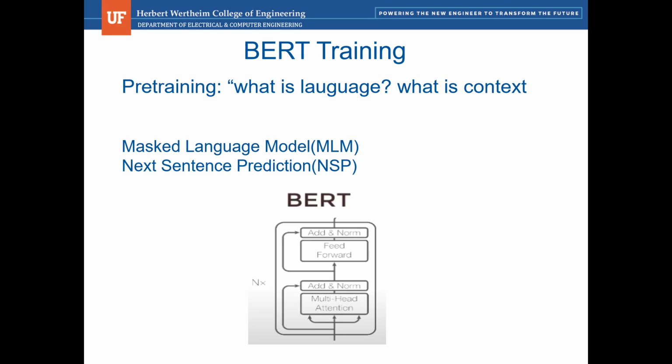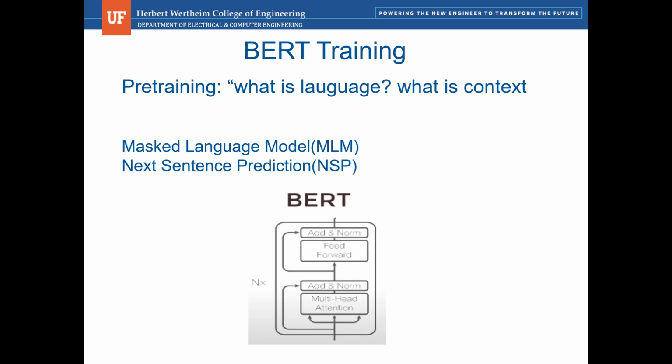Okay, so BERT learns language by training on two unsupervised tasks simultaneously. They are masked language modeling and next sentence prediction. For masked language modeling, BERT takes in a sentence with random words replaced with masks.